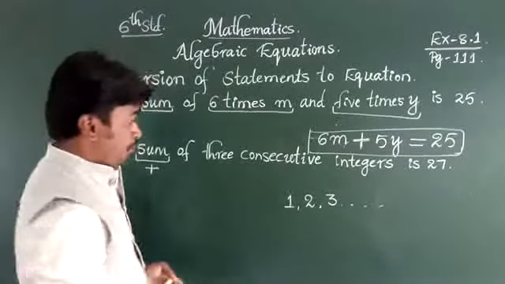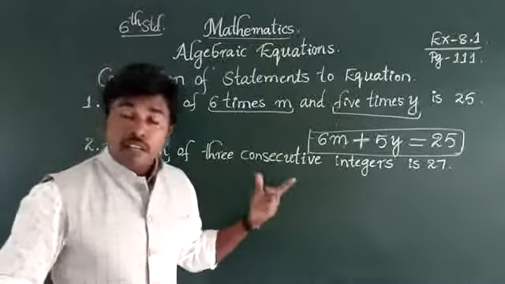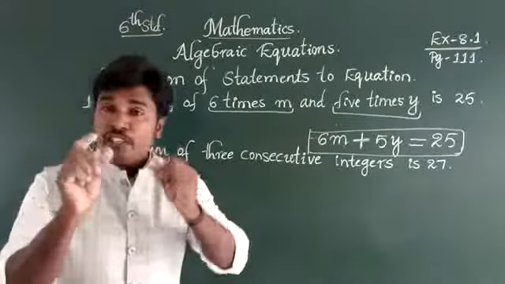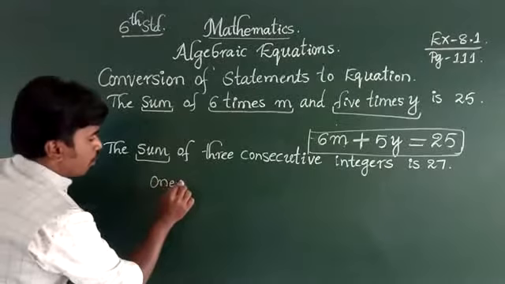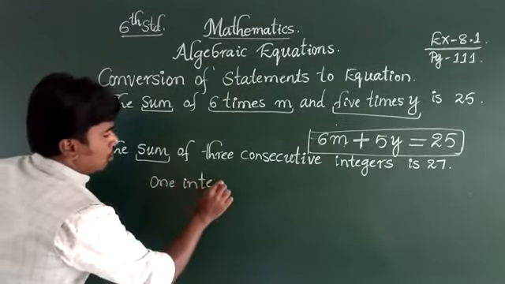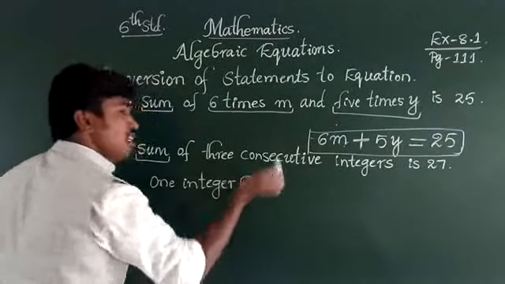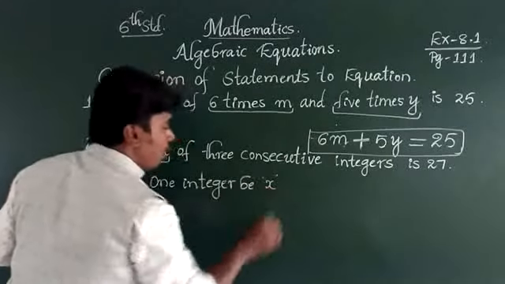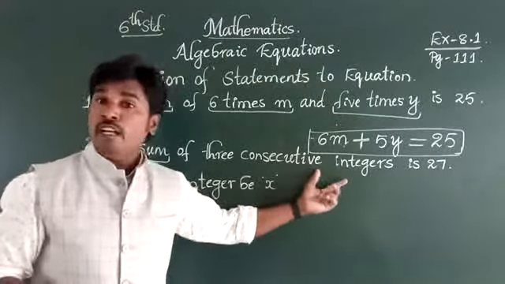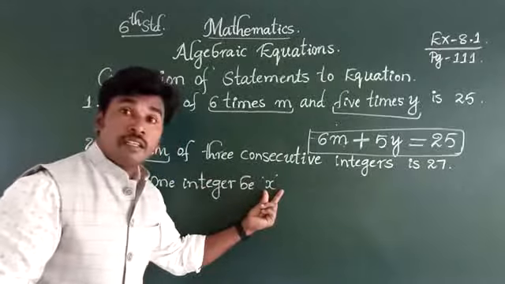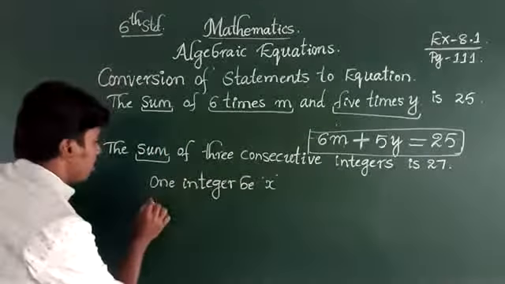Here you don't know the integer. You need to take the first integer, so let one integer be x. Now we don't know what that integer is, so we have taken it as x.